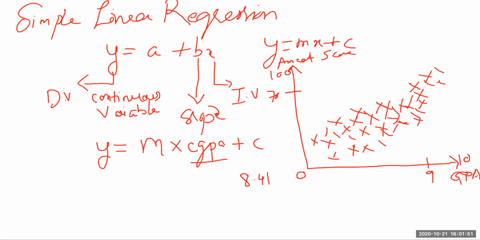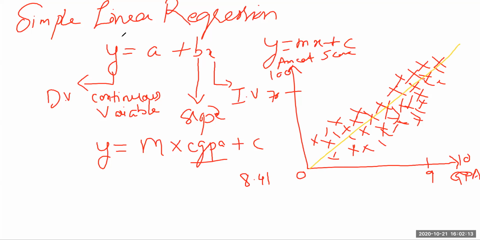Now the question that comes in is, if I want to fit a model for these points, I want to draw a straight line, maybe of this fashion. So this is my model. But how do I determine, is this the best model, or is this the best fit line?